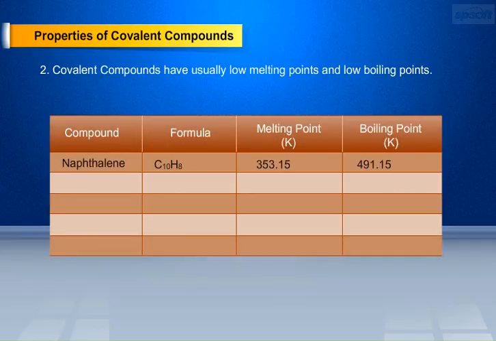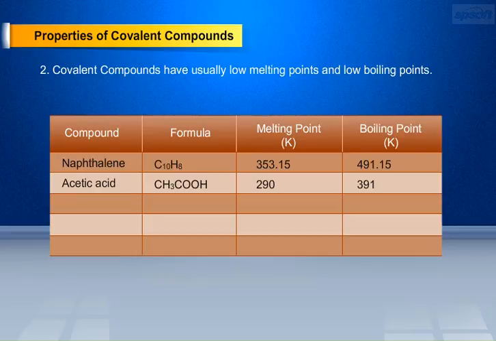Naphthalene, C10H8, has a melting point of 353.15 kelvins and a boiling point of 491.15 kelvins respectively. Acetic acid, CH3COOH, has a melting point of 290 kelvins and a boiling point of 391 kelvins respectively.